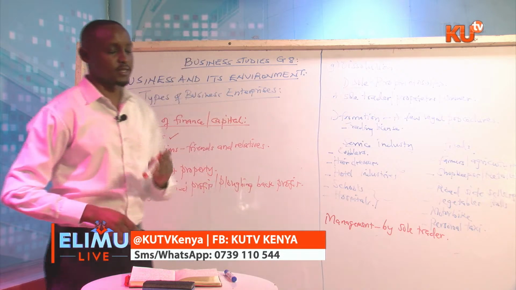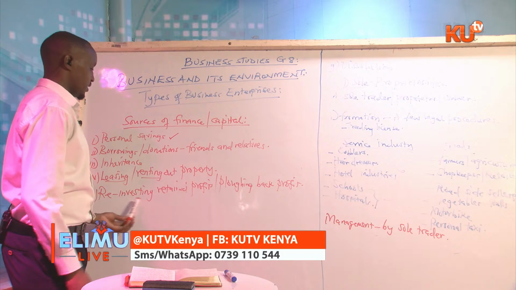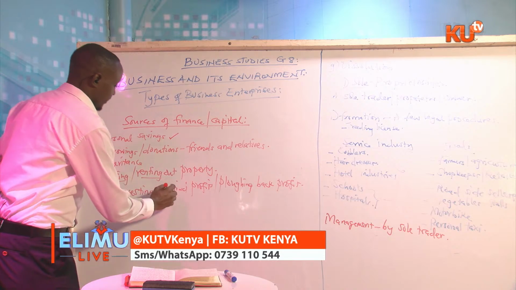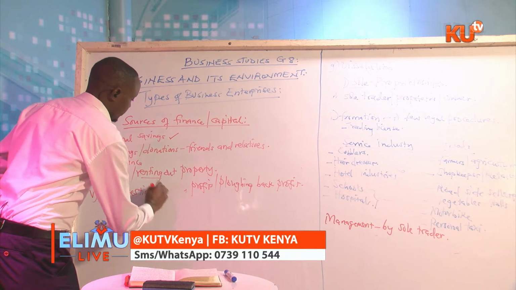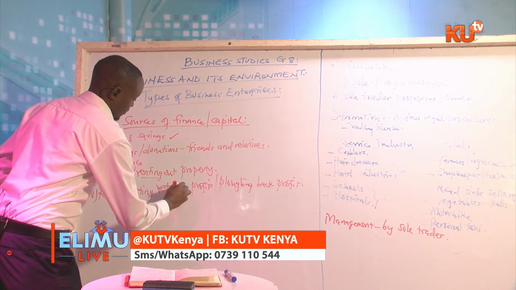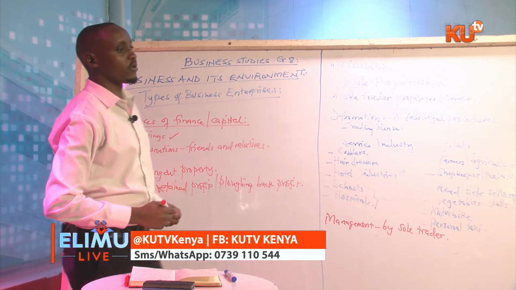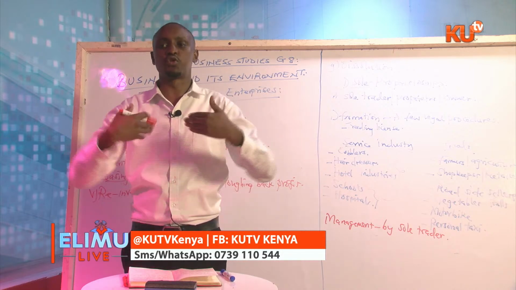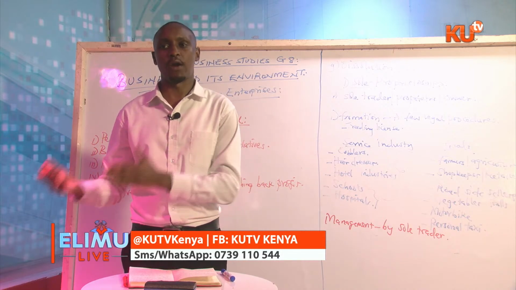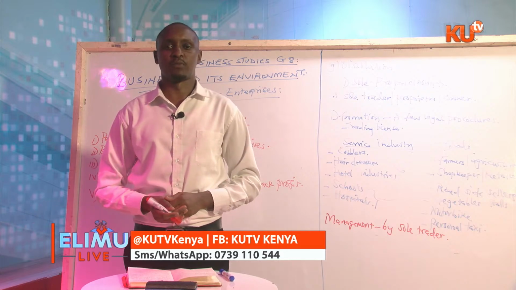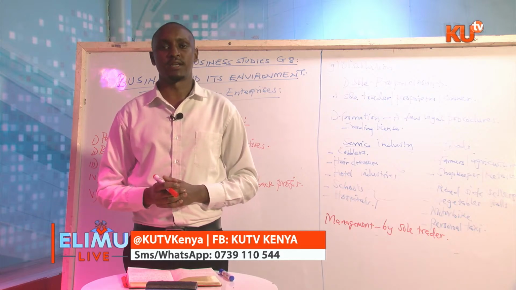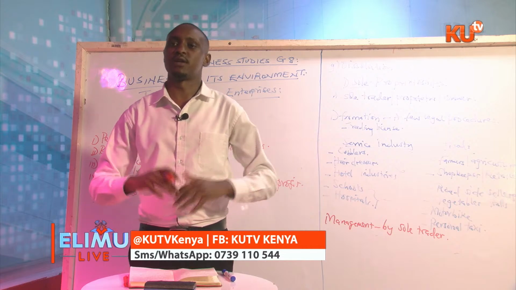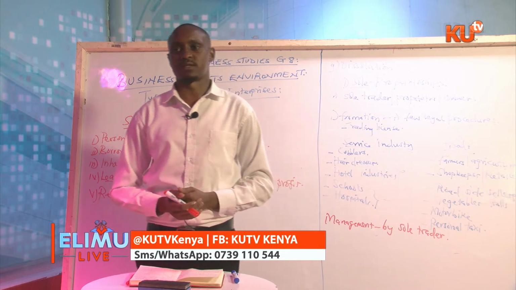So when you invest the profits that you make every day in your business, then that is what we are calling reinvesting retained profits, or plowing back. Plowing back means you are digging them back into the business to ensure your business produces more and more. Let's say you are maybe dealing in the service industry, and maybe you are serving like 20 customers in a hotel.